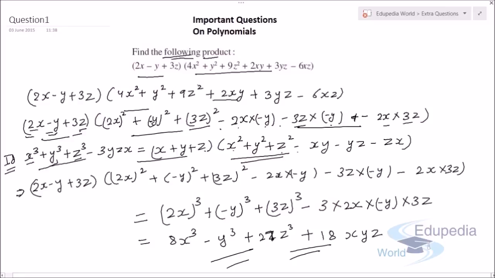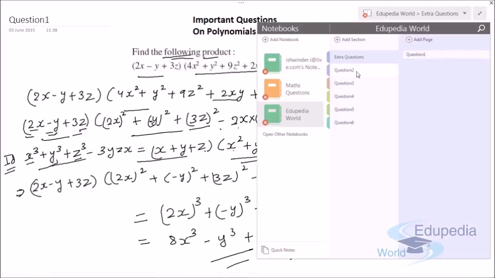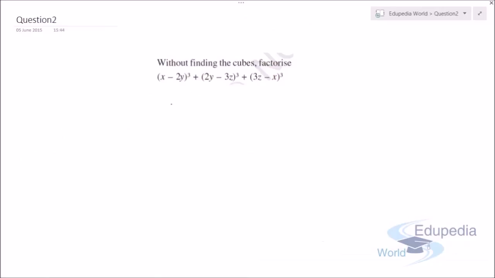So let's discuss the next question, which is also a very important question. The question is to factorize without finding the cubes. Again we have to apply some kind of identity. If we see the question, we have three terms and each term has power 3. This means these are cubes.